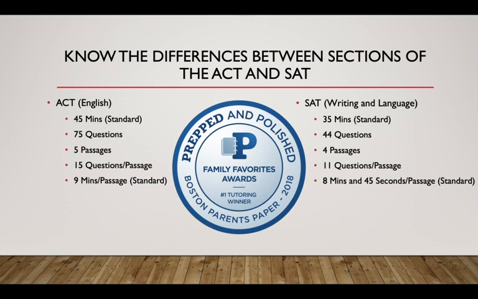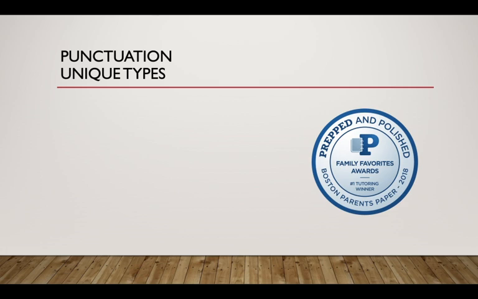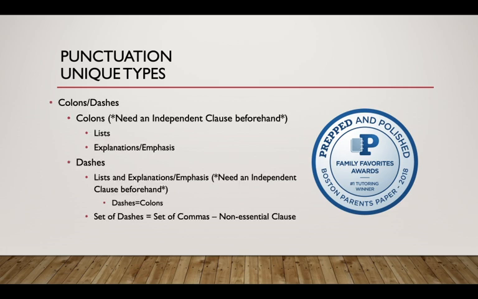Now, let's start talking about some punctuation. Today we are going to talk about some unique types of punctuation, specifically colons and dashes. When we see colons and dashes on either test, some students feel a little confused. You've seen colons used before, but maybe you don't know exactly how they're supposed to be used. Well, that's what I'm here for. Colons are used for two things: lists and explanations, or adding some kind of emphasis.